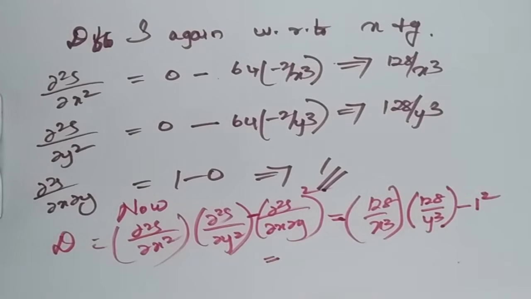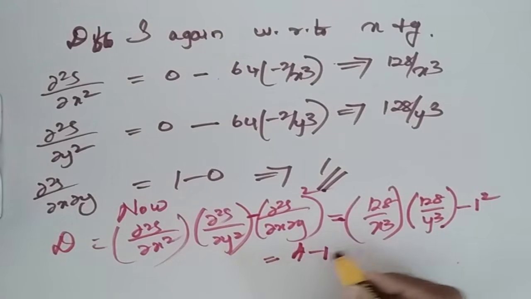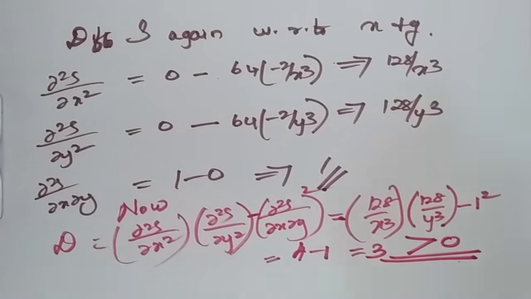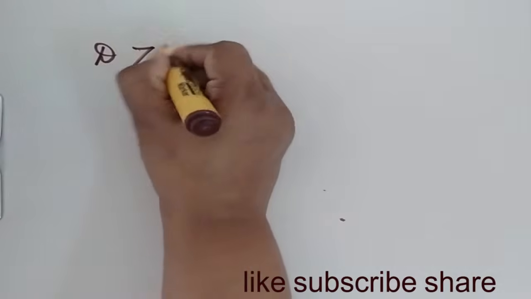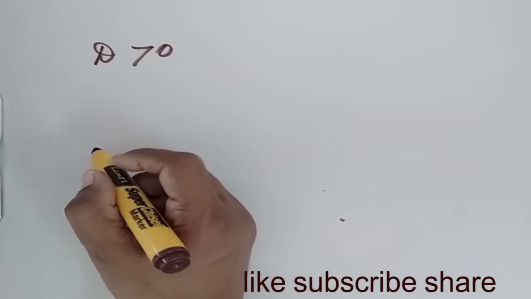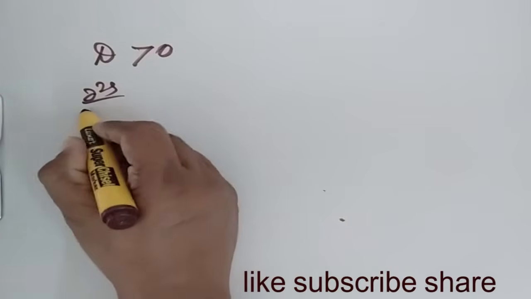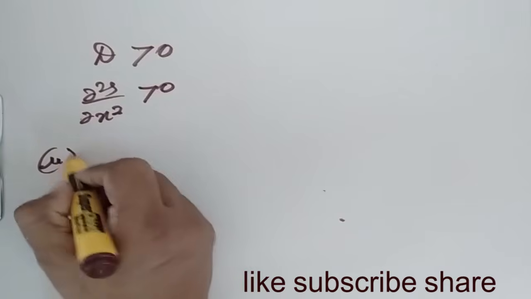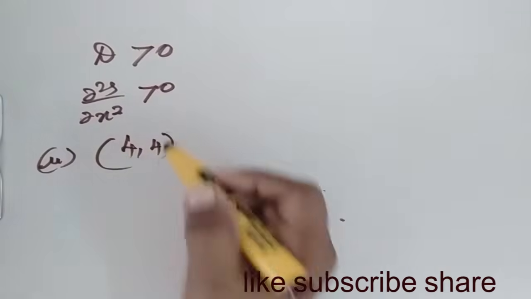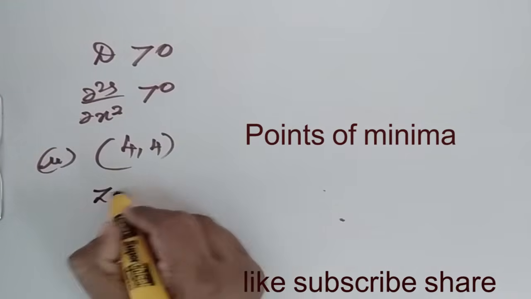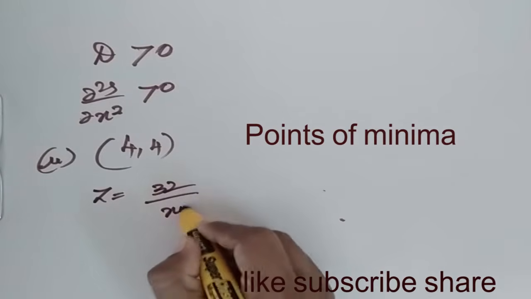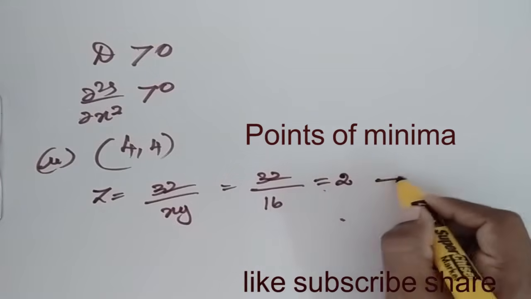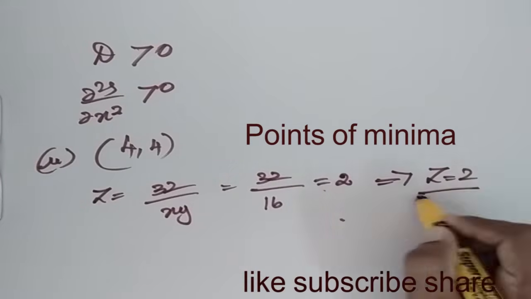So this is equal to 4 minus 1, which is equal to 3, which is greater than 0. D is greater than 0. Okay, dou square S by dou X square is greater than 0. Therefore, at 4 comma 4, Z is equal to 32 by XY, which is equal to 32 by 16, which is equal to 2, implies Z is equal to 2.